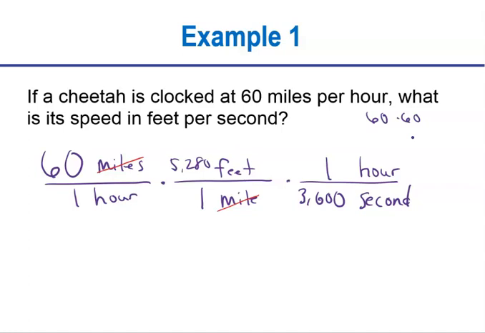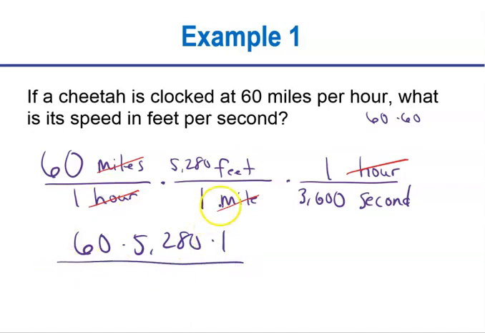So here we go. Let's cancel. This hour in the denominator cancels with that hour in the numerator. And it turns out we have 60 times 5,280 times 1 in the numerator, and in the denominator we have 1 times 3,600.